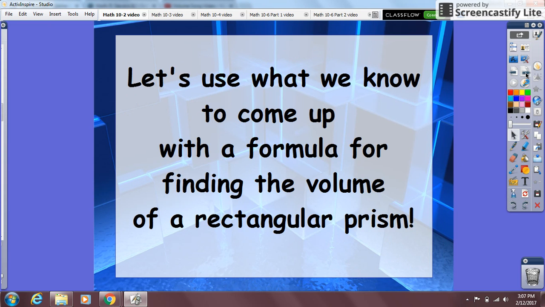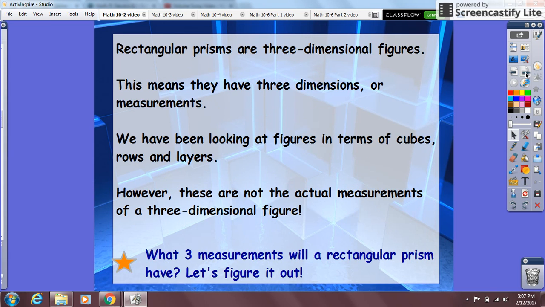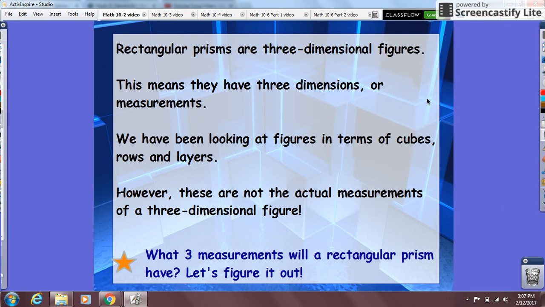So let's see now if we can come up with a formula for finding the volume of a rectangular prism. So remember that rectangular prisms are three-dimensional figures, and that means that they have 3 dimensions or measurements. And we have been looking at figures in terms of cubes, rows, and layers. However, those are not actual measurements of a 3-dimensional figure.